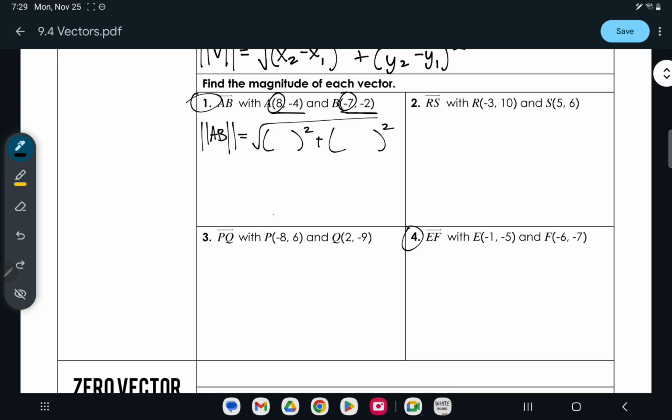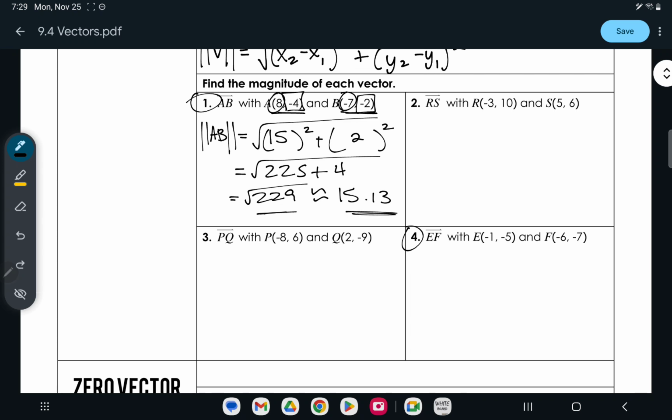So 8 and -7, that is a difference of 15. And -4 to -2, that's a distance of 2. So 225 and 4. So the square root of 229, and that's about 15.13, but either one of these is okay.